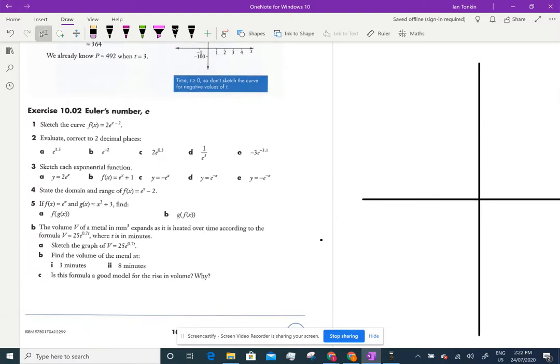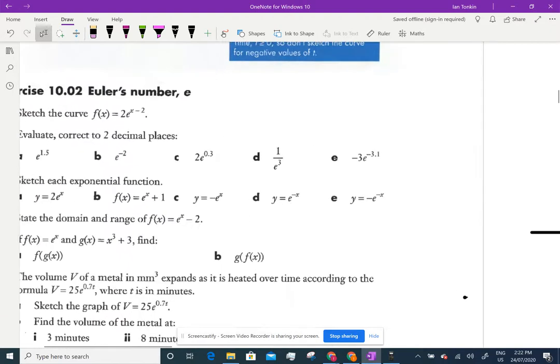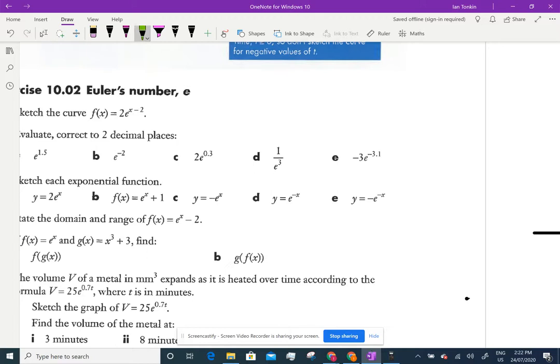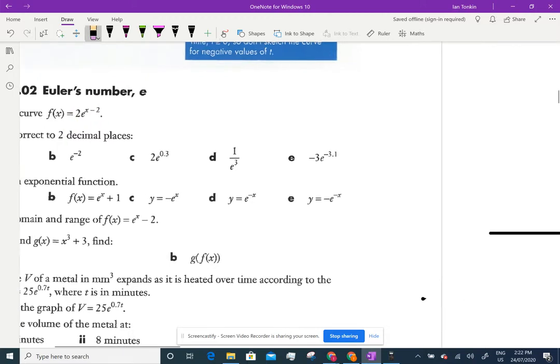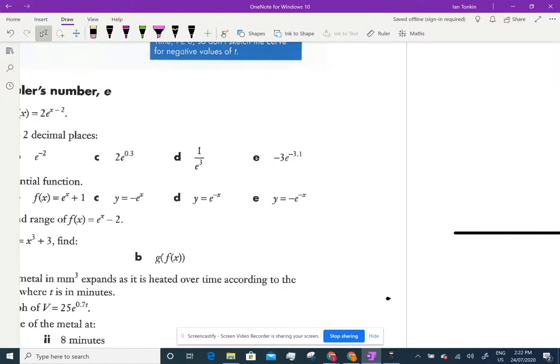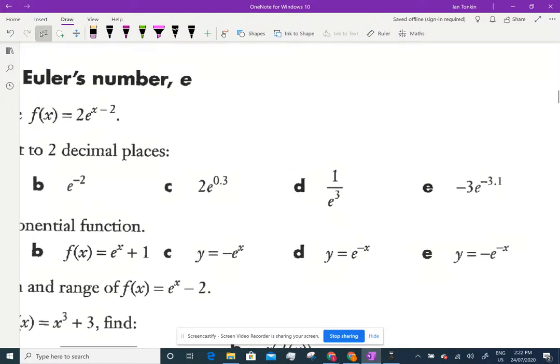Remember, whenever I'm sketching these, I've got to remember what's going to happen. That 2 is going to make it steeper. And if I put something with the x, it's going to move it. If you ever get confused about where it's going to move to, just think, what do I need to do to make that equal 0? I have to put x equals 2, which means I'm going to move it 2 to the right.